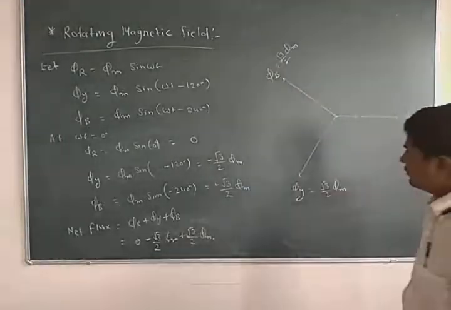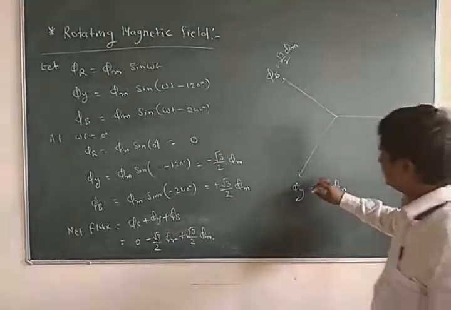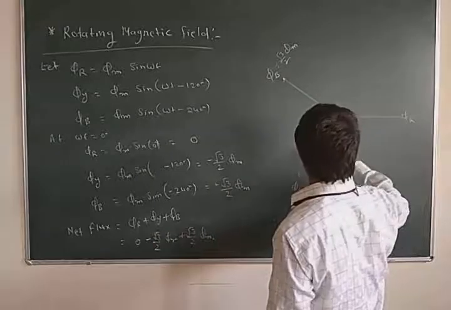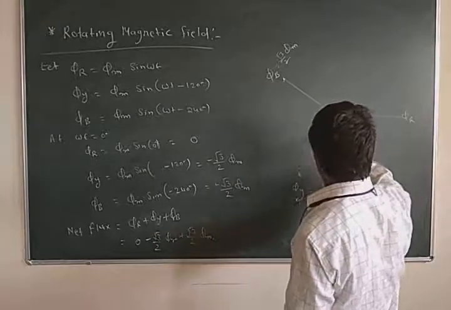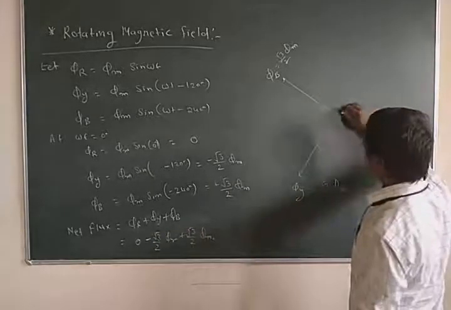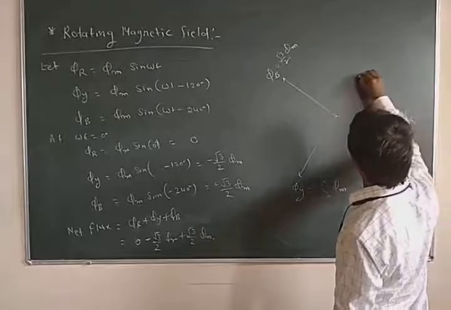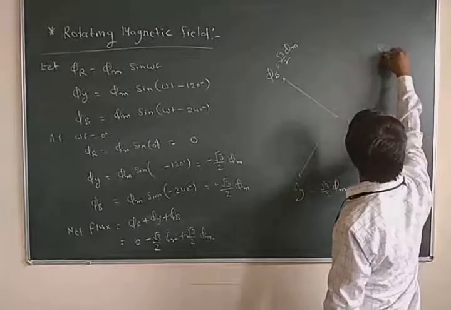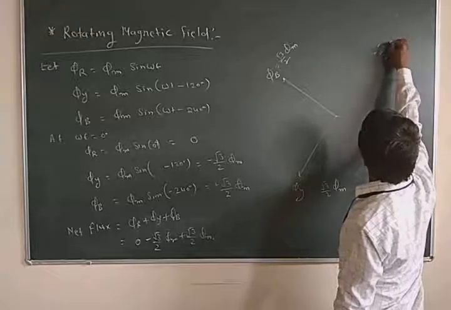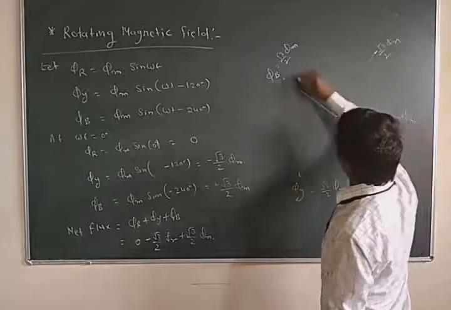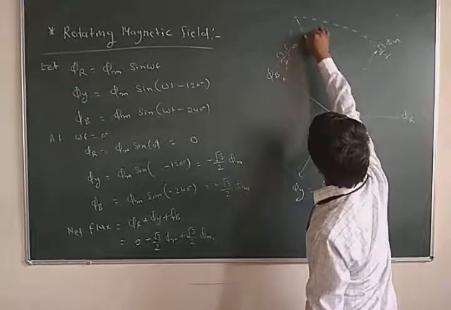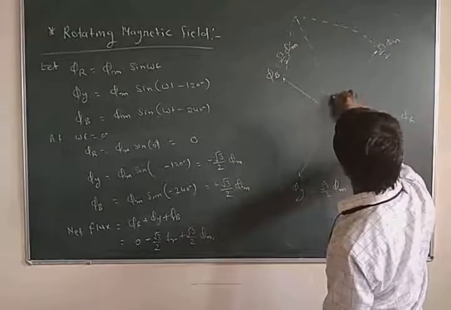The resultant of these two fluxes is phi B minus phi Y, so it becomes a magnitude of minus phi Y, here minus root 3 by 2 of phi m. And the angle between these two fluxes is 60 degrees.